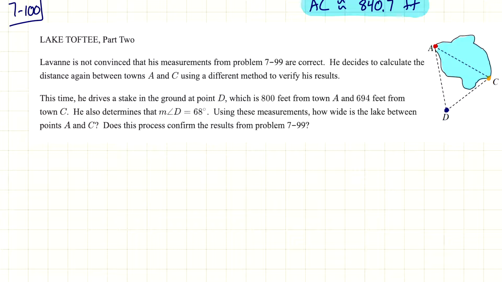So this time he drives a stake in the ground at point D. All right, so instead of B, he's now at point D. And he is 800 feet from town A. So let me put, we're looking at 800. All right, so a lot further away.